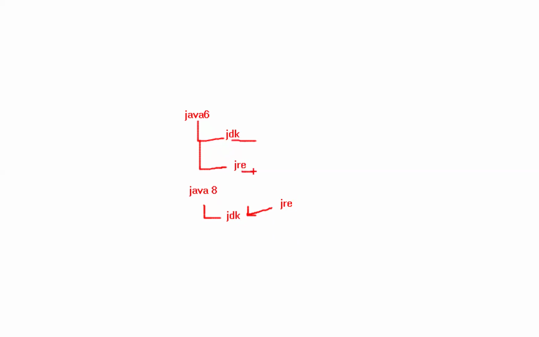JRE stands for Java Runtime Environment. This Java Runtime Environment contains an application called JVM. From Java 8 onwards, that JVM is also available in which folder only? JDK. Why? Because JRE is a part of JDK. Earlier separate folders were there, but now a single folder is there.